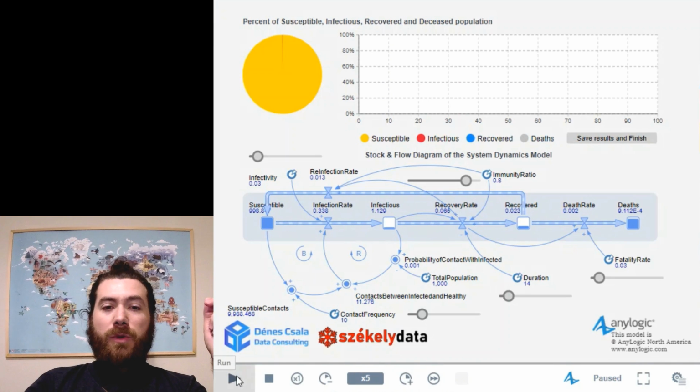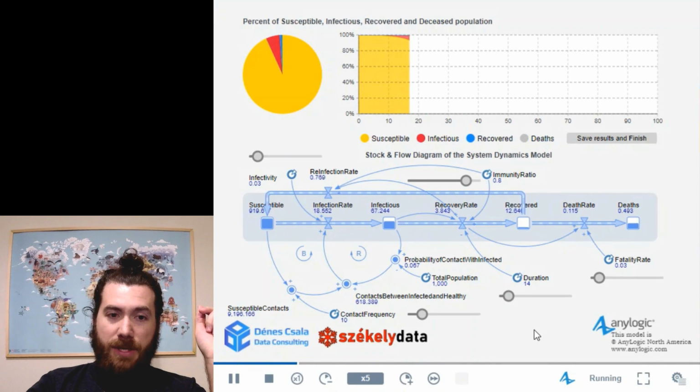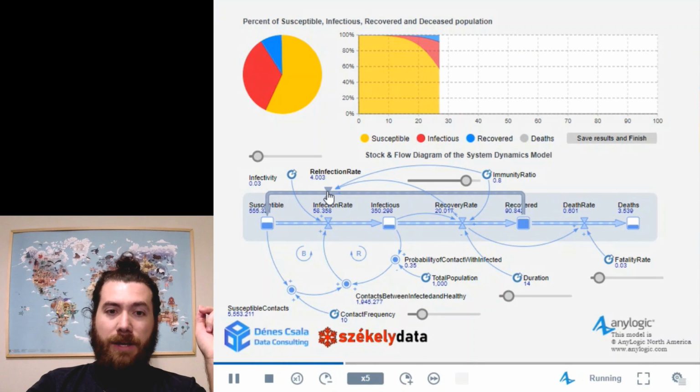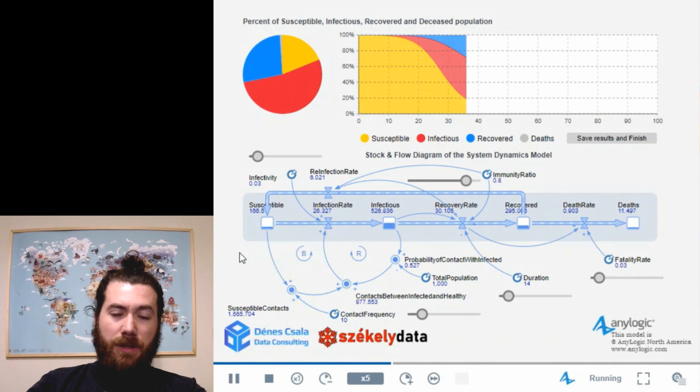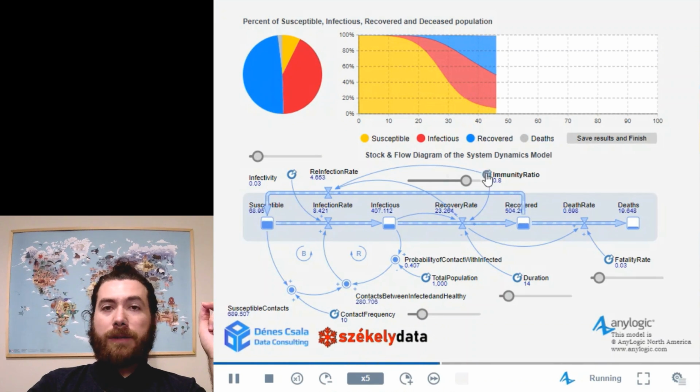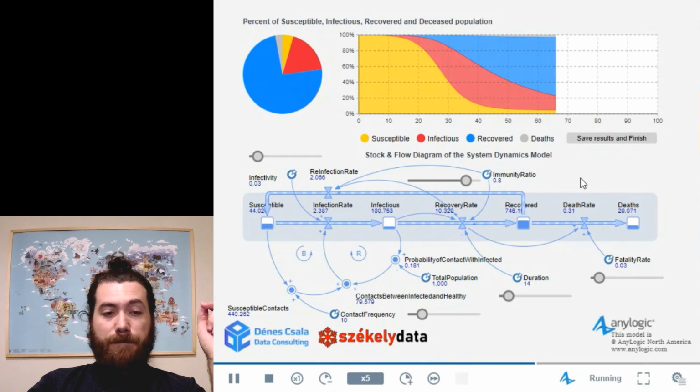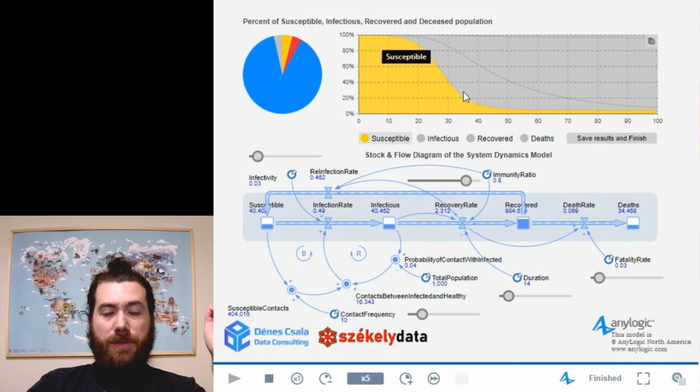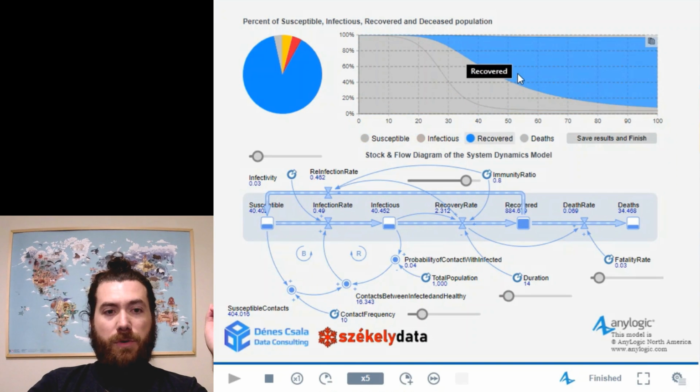So let's say that you have an 80% immunity ratio, which means that 80% of the infectious will recover and 20% will actually flow back into being susceptible again.